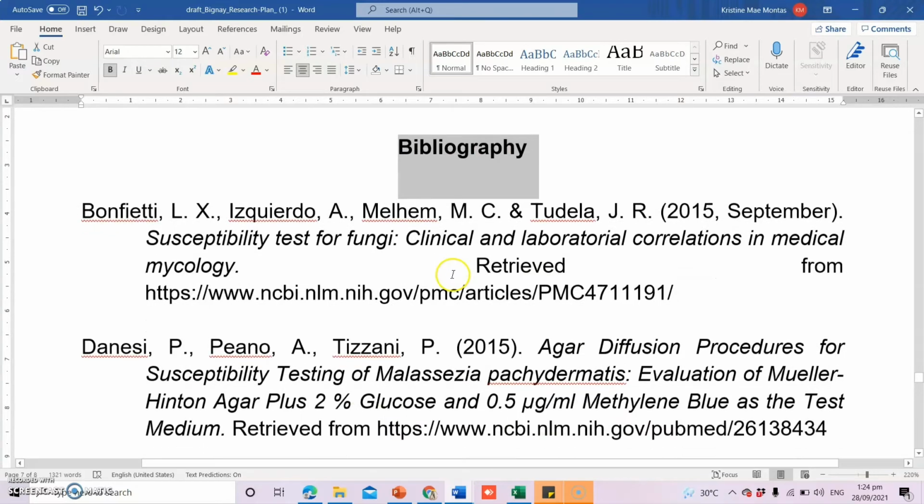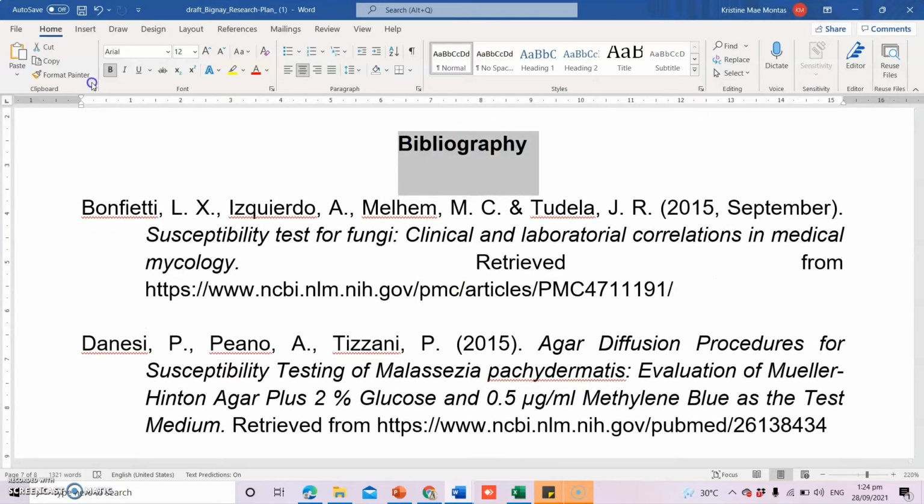So, you have to write the word bibliography here, which is naka-bold siya. And then this one, Bonfietti LX, Izquierdo A, Melhem MC, and Tudela J and R, 2015 September. Susceptibility test for fungi, clinical, and laboratorial correlations in medical mycology, retrieved from.